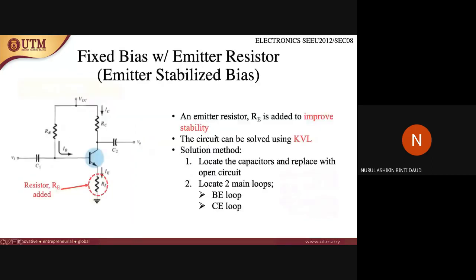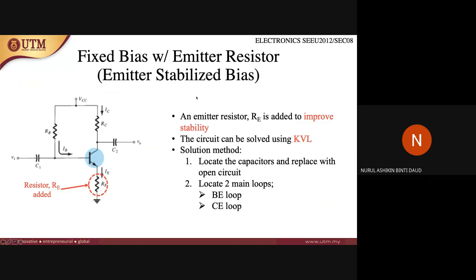So for today, we're going to look at fixed bias with emitter resistor, also known as emitter stabilized bias. As I mentioned yesterday, the disadvantage of the fixed base bias circuit is that the current at the collector depends on the beta value.